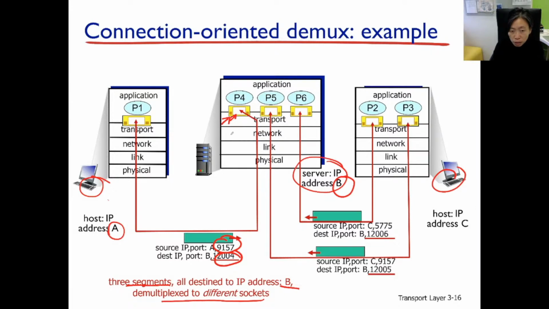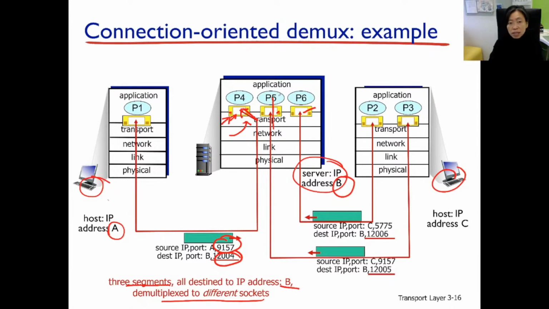So when a segment arrives at the transport layer matching the 4-tuple, it goes to that socket. Similarly, for each of the sockets here and there, the 4-tuples will be stored, and the transport layer, looking at the packet header, when there's a match, passes it up to the socket and the processes. So that's the idea behind connection-oriented demux.